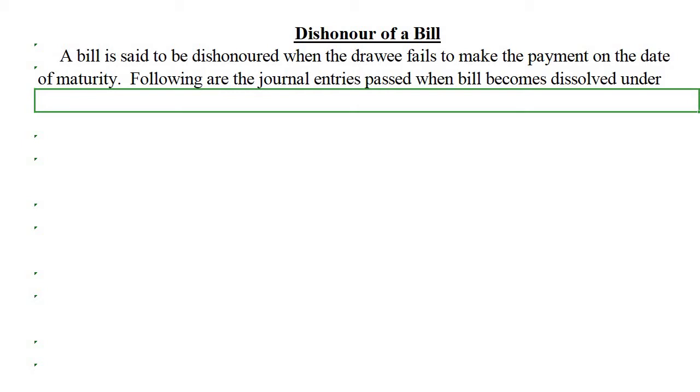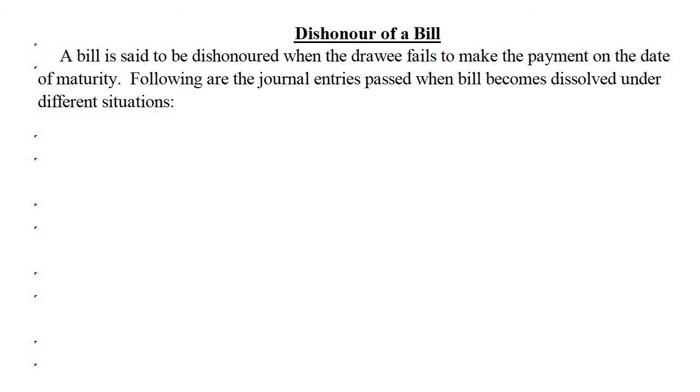This dishonour of a bill of exchange also has to be accounted for, because the money will not be paid by the drawee. So we have to prepare journal entries for dishonour of a bill also. We will record that in all the four situations which we discussed in the last class: when the bill is retained with the drawer, when it is sent for collection, when it is discounted with the bank, and when it is endorsed to a creditor.